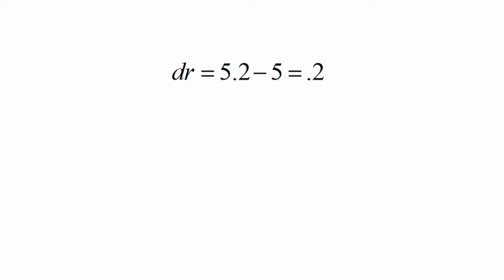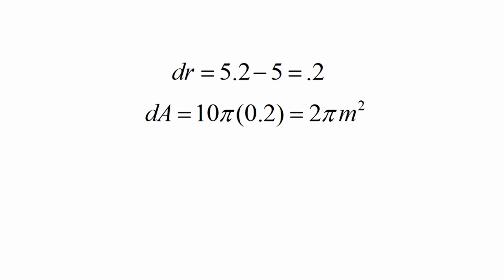Also dr is equal to 5.2 minus 5, which is equal to 0.2. Thus, the estimated increase in area is dA is equal to 10 pi times 0.2, which is equal to 2 pi meters square.